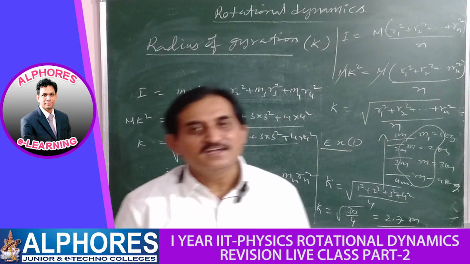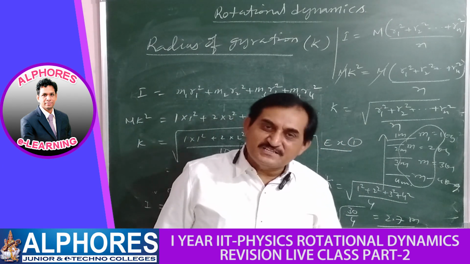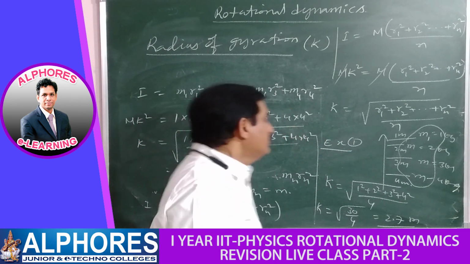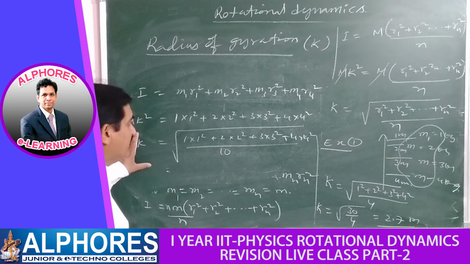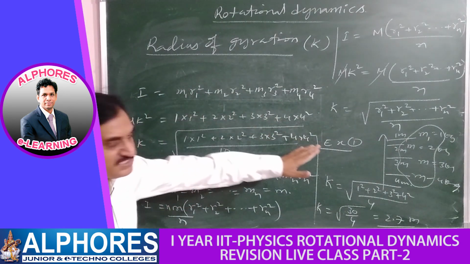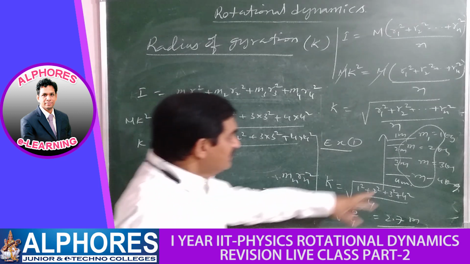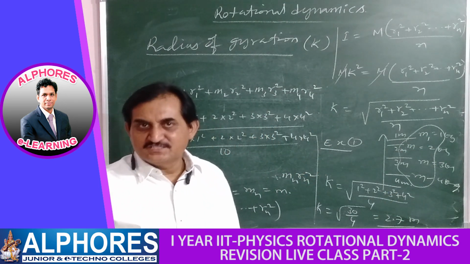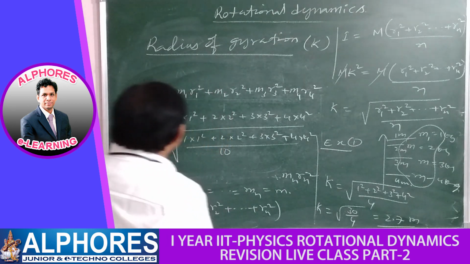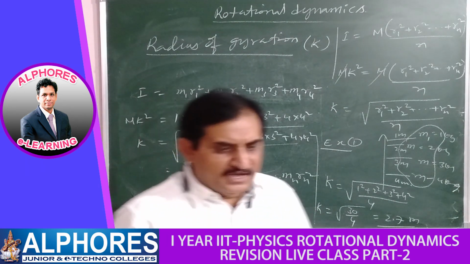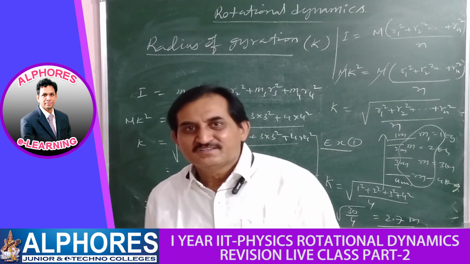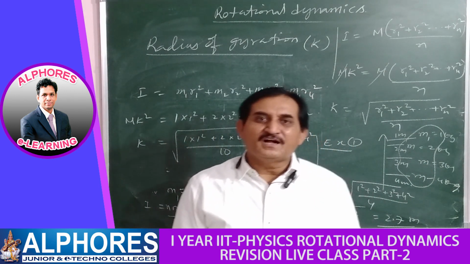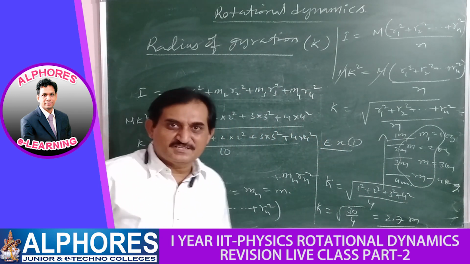If the masses are given and their corresponding distances are given from the axis of rotation, you can estimate the radius of gyration by this method for a system of particles. Okay, so I expect that you have properly understood this concept.